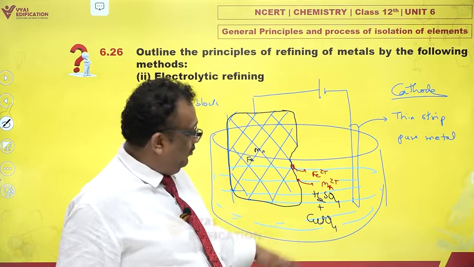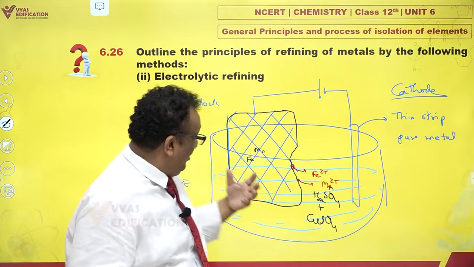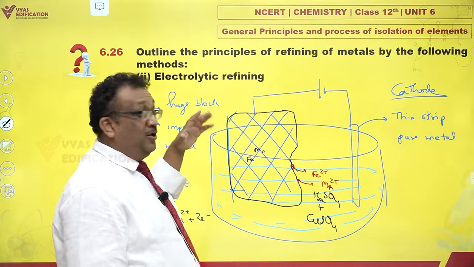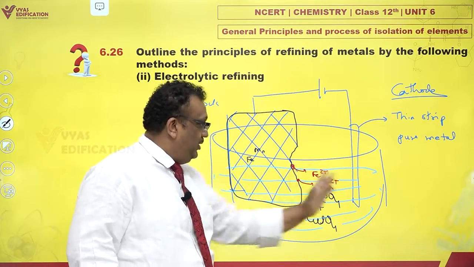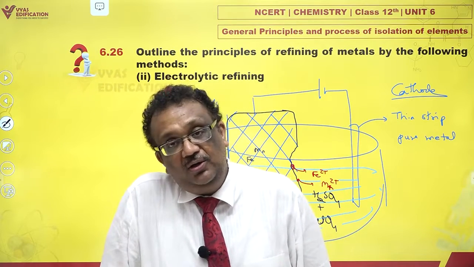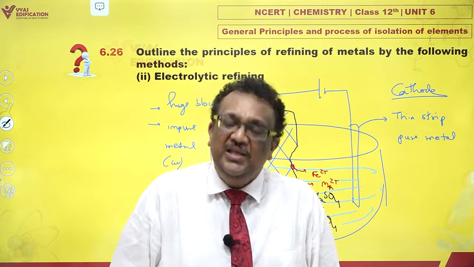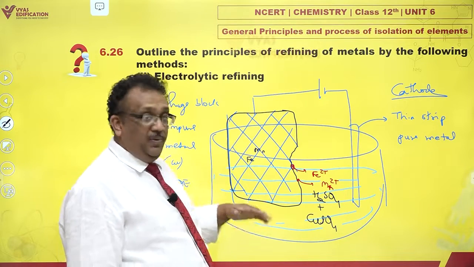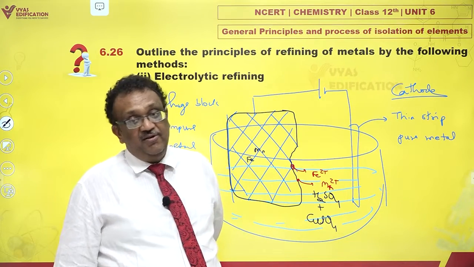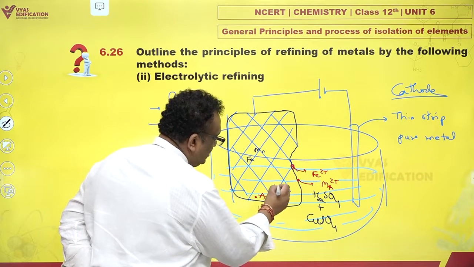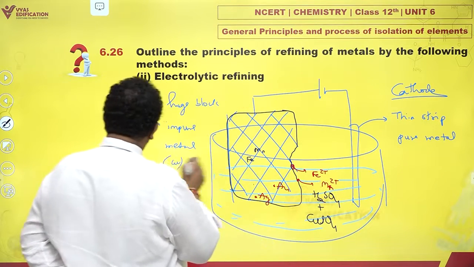Iron and manganese, both, all the metals which are more reactive than copper, or whichever metal you are trying to electrorefine, those more reactive metals will go into the solution very quickly, and happily they'll be dissolved. Oh my God, there are impurities? Yes, just wait. And there are also metals which are below copper or below that metal in the reactivity series, like silver, like gold.